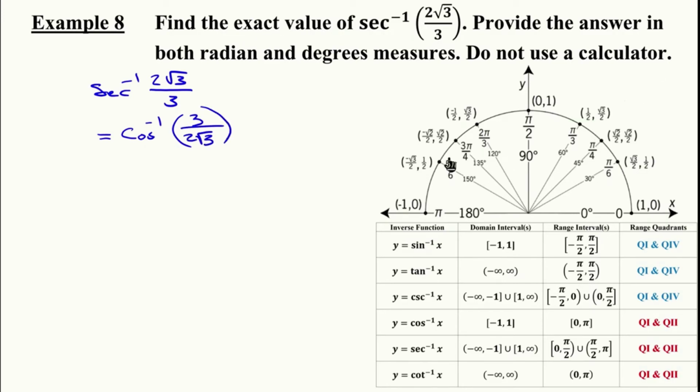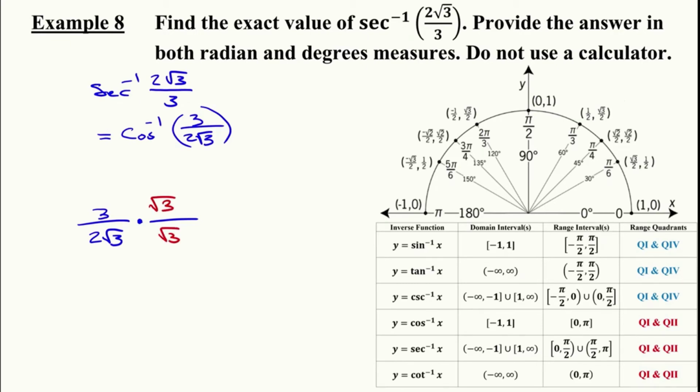Now, you may not recognize this, but once you rationalize it, you will. So let's take a look at 3 over 2 radical 3 and go ahead and rationalize it. As you know, that means we're going to multiply the numerator and denominator by the square root of 3.